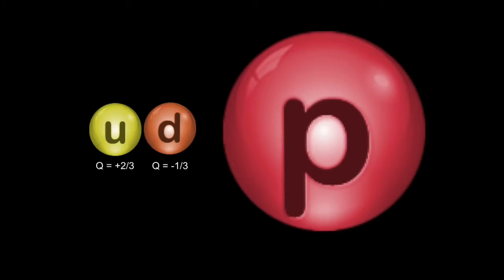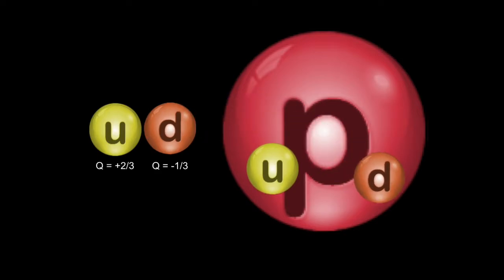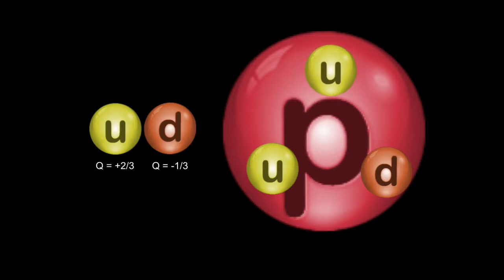We can take the up and the down quark in a combination of 3 to create a proton. If we have up and down and another up here, we create something that has a charge of +1.